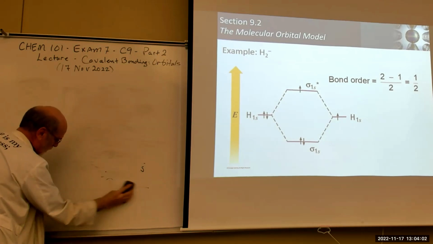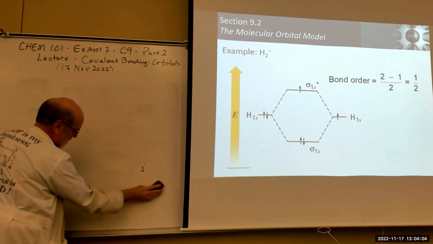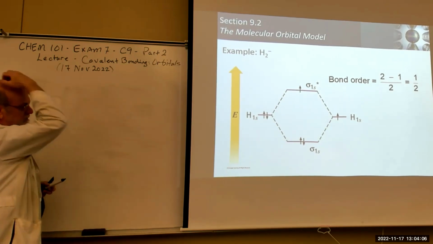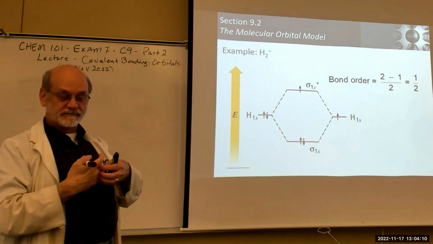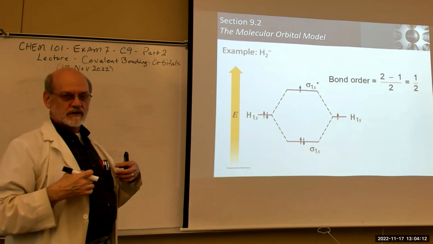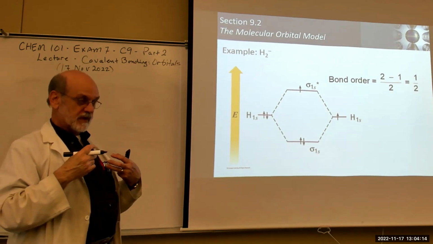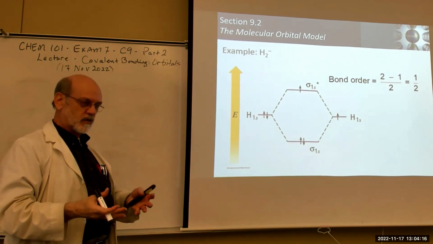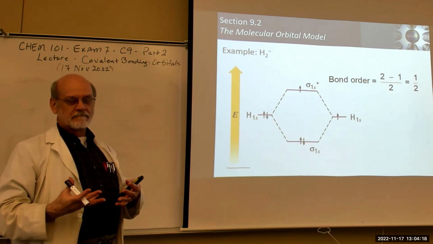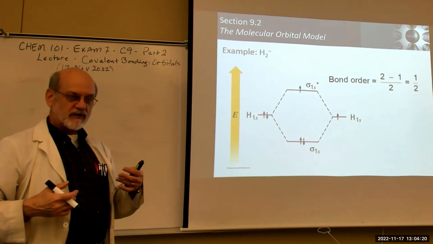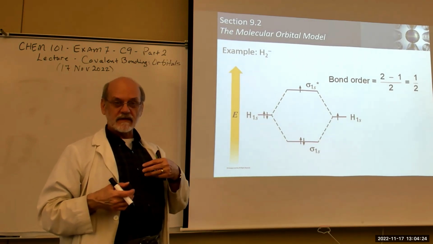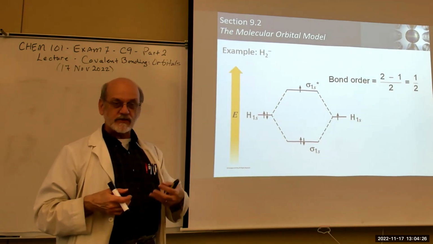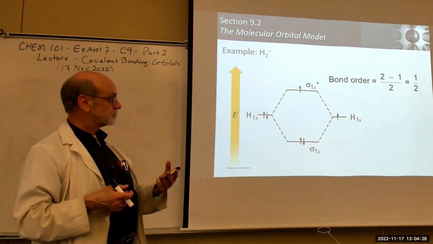What happens if we form an ion out of our dihydrogen? Say H2 minus, we add an electron to it. What does that do to the molecule in terms of molecular orbitals and its stability? So that's one thing that the bond order can tell us. Is it more or less stable than the neutral H2 molecule?